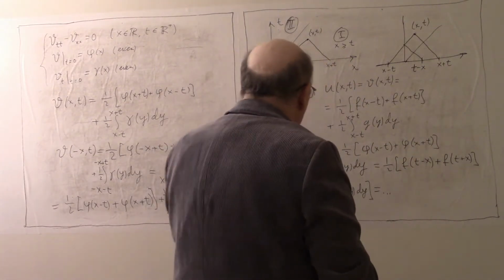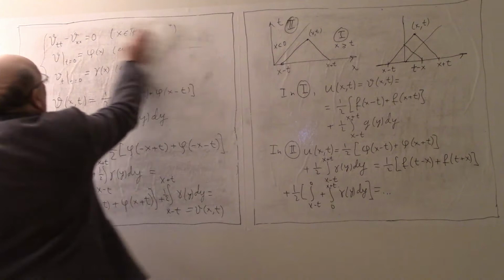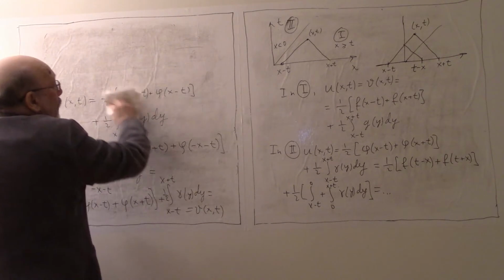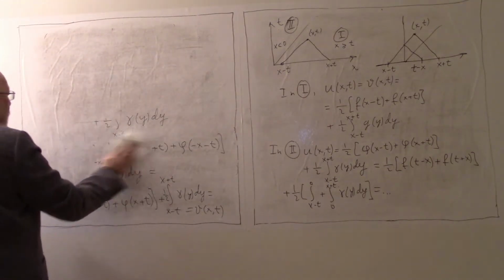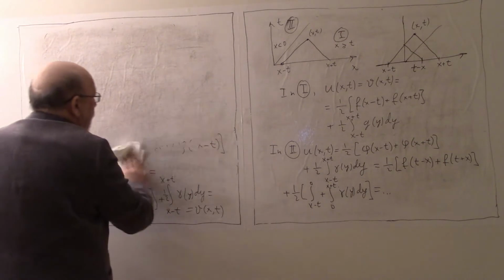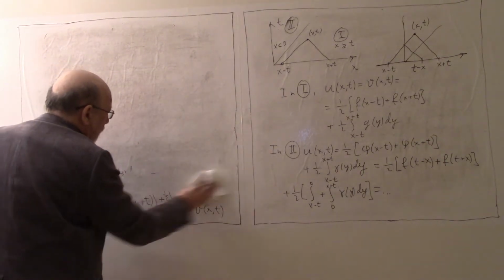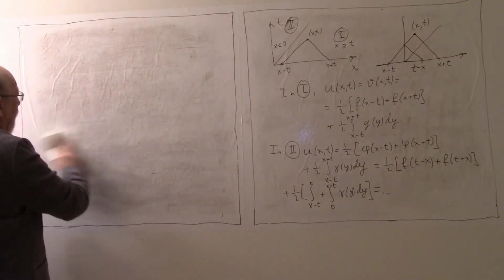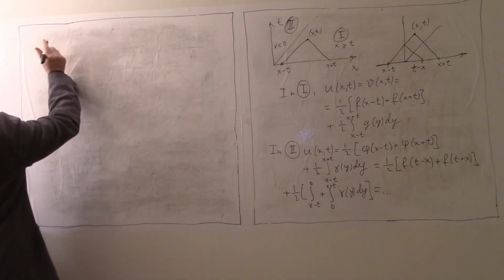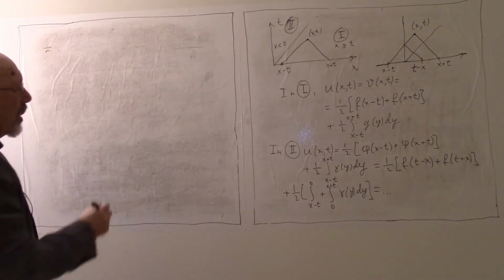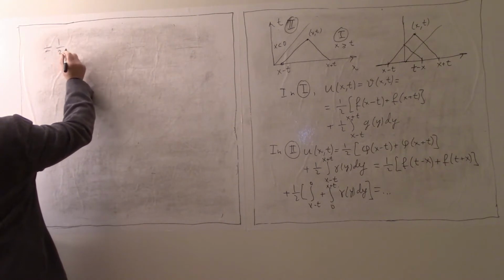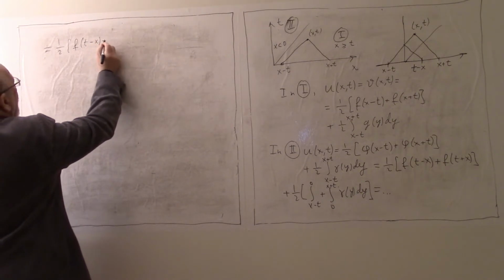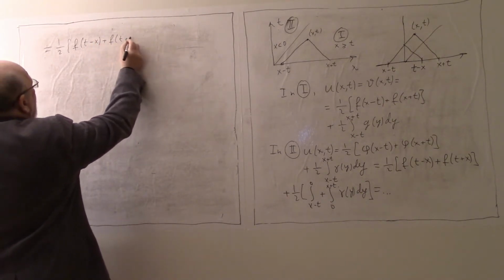And what is it? This is again equal to 1/2 of f of t minus x plus f of t plus x.